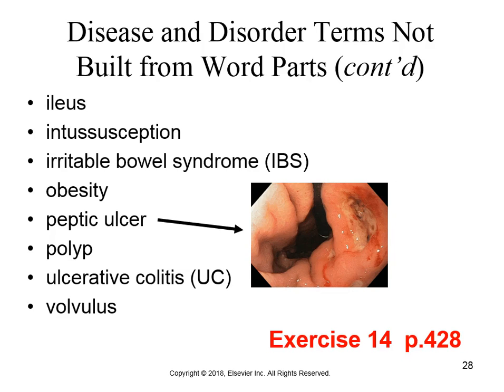A polyp is just a tiny little growth in the membrane. Usually it's benign, but sometimes it could be malignant. Oftentimes it's in the intestine, but it could be in other areas as well. Ulcerative colitis, or UC, is where the intestine is oftentimes inflamed and has ulcers.